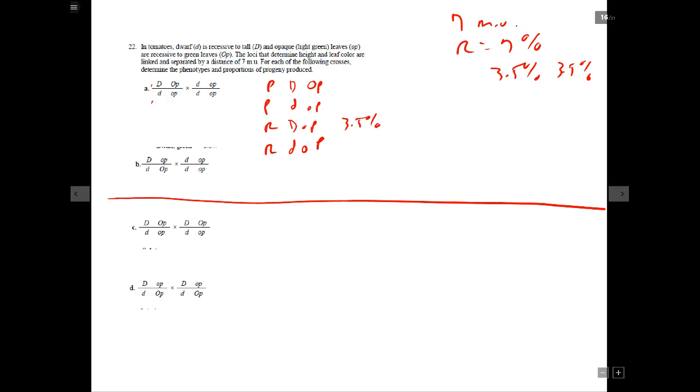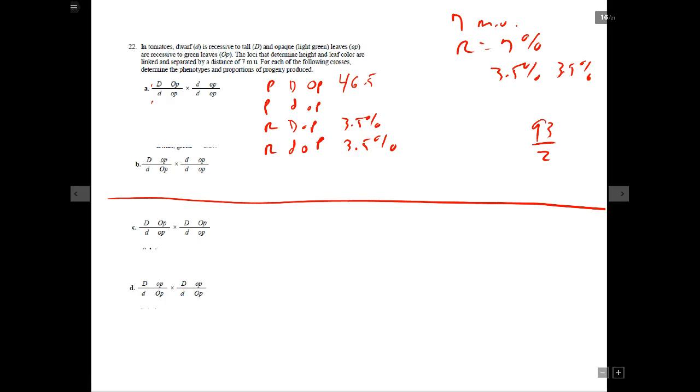3.5%, 3.5%. 100 minus 7% is 93%, so 93 divided by 2 is, is it 46.5?